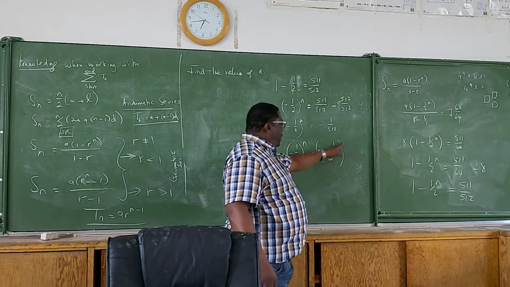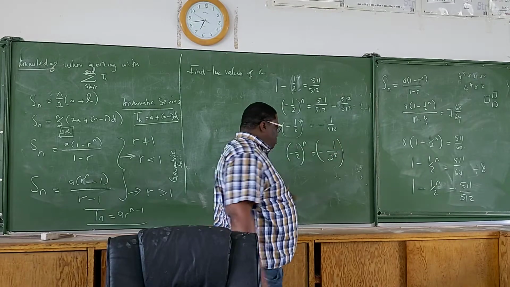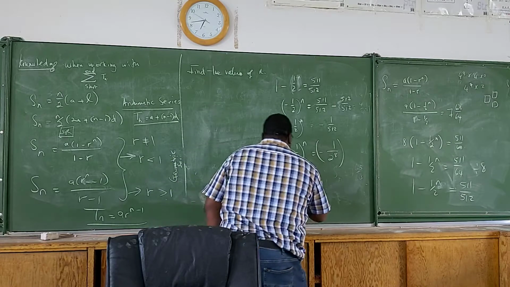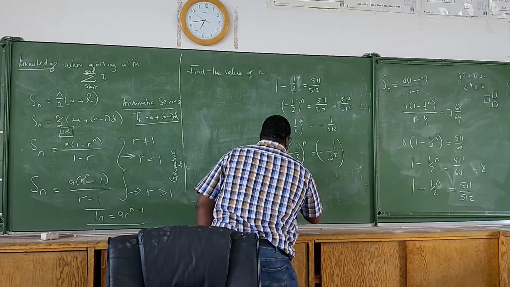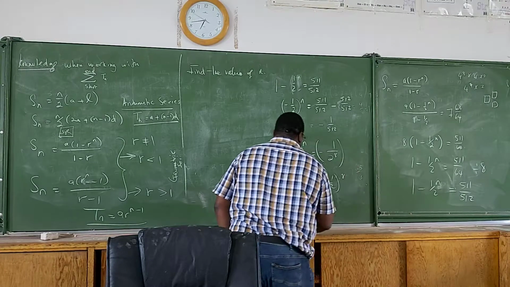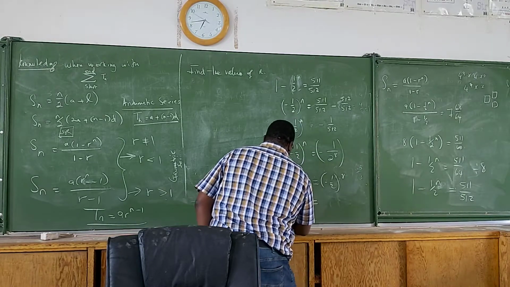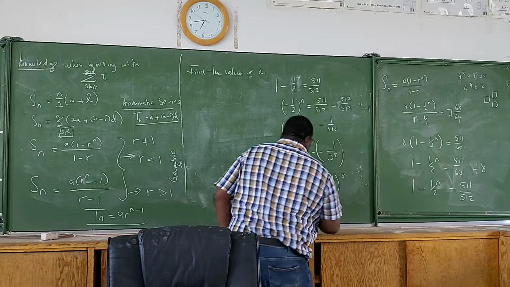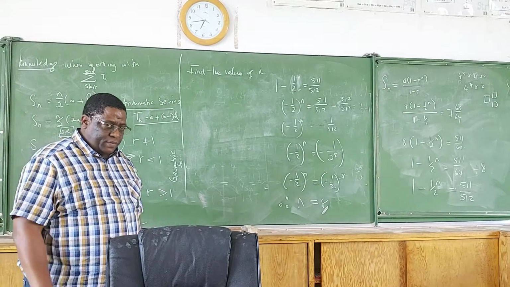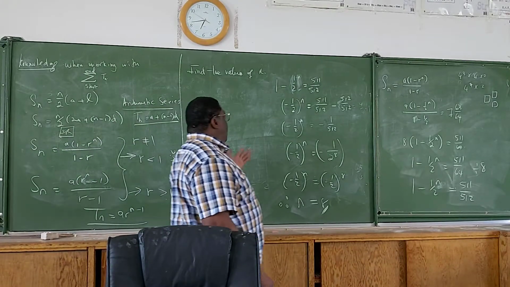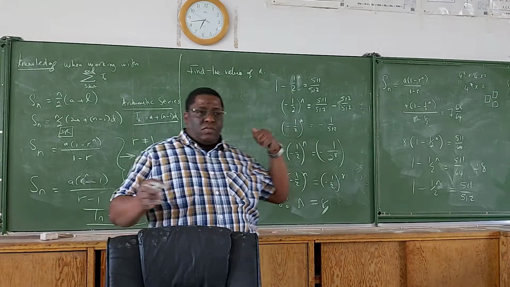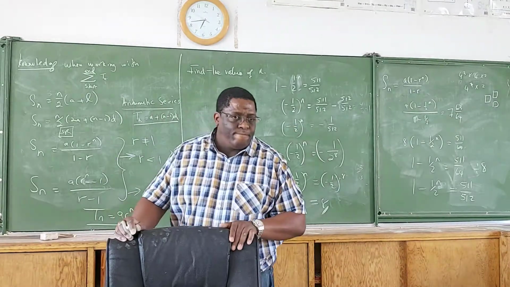Can I write this 8 here? 1 raised to anything is just 1. Now that we know what that is, we have answered the question. Therefore, the number of terms in the series that we had before will be 8. I like this.